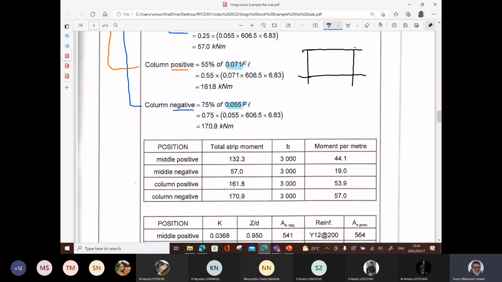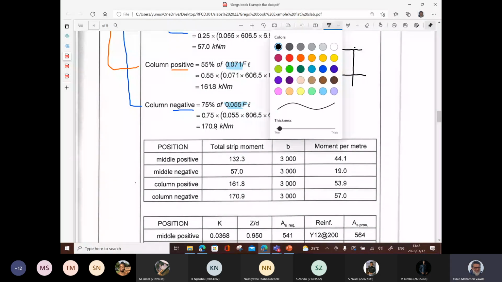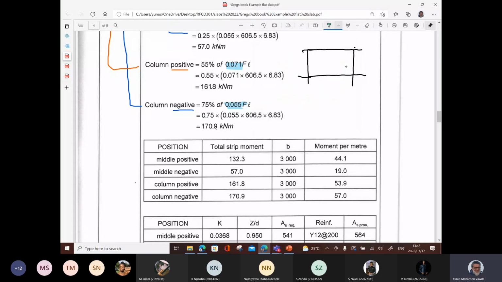So we're saying do it like this: middle negative, middle positive. So it's those ones, right? So that's your 57. That's your, what is it? 132.3.